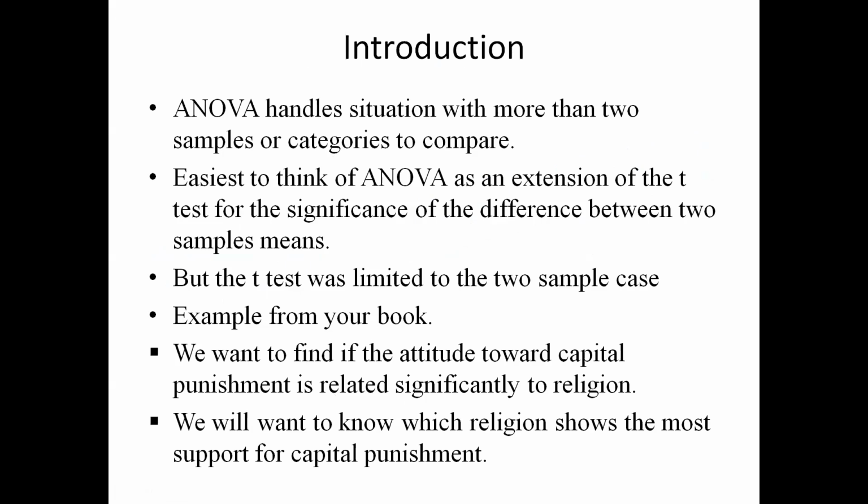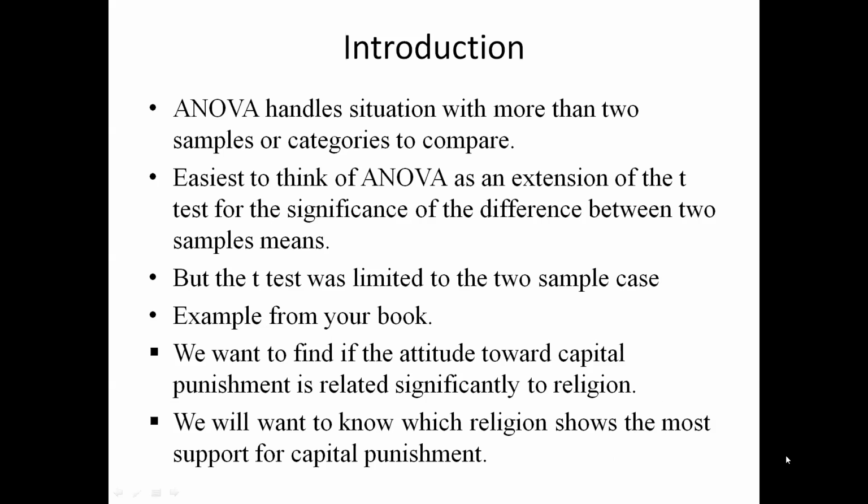ANOVA, as its name says, is analysis of variance, a statistical technique for testing. It handles a situation with more than two samples or categories to compare. ANOVA is an extension of the t test for the significance of the differences between two sample means, but the t test was limited to the two-sample case.